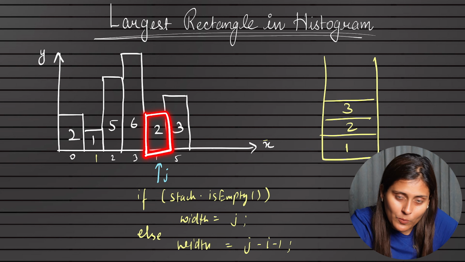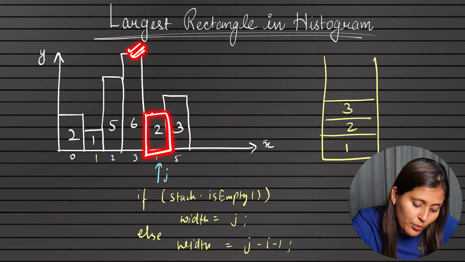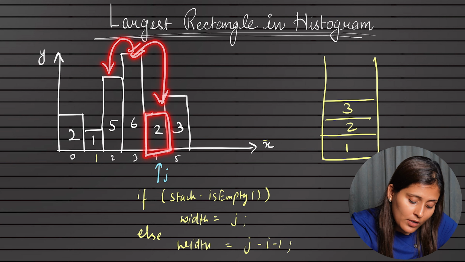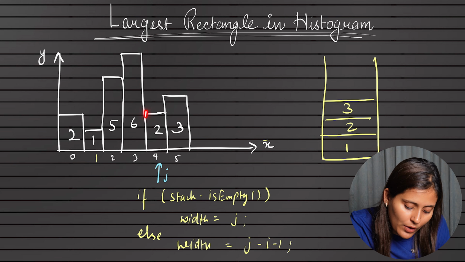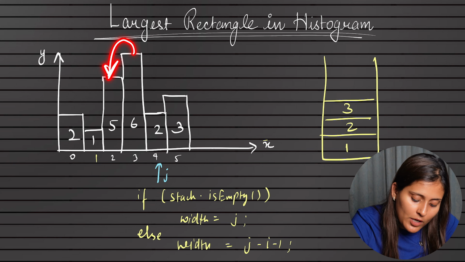I am at 2. So what was the rule? We'll calculate area for stack.pop. Because we have left smaller and right smaller, and you will have them if you follow the rule, which means as you find greater values, push in the stack, and once you find a smaller value, stop. So now what is the left smaller?